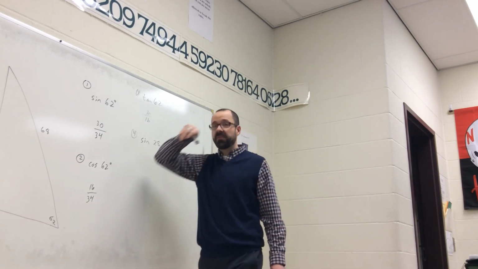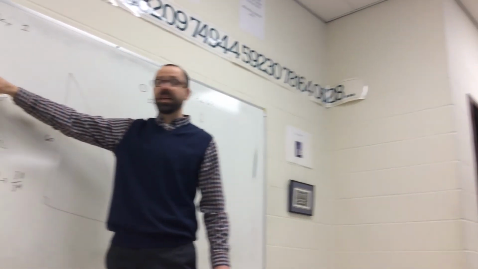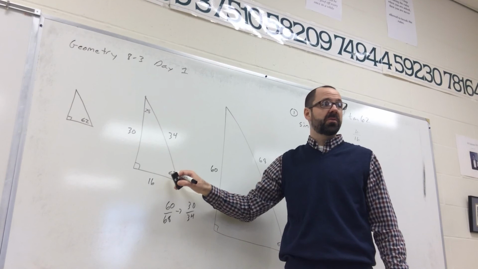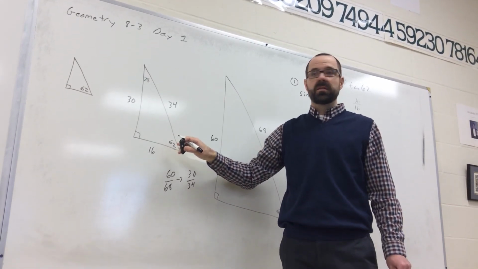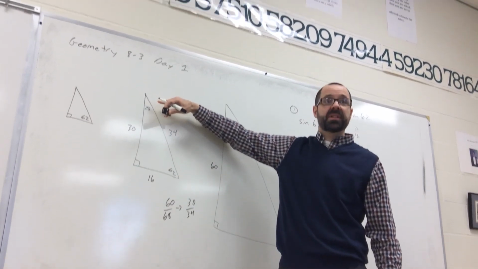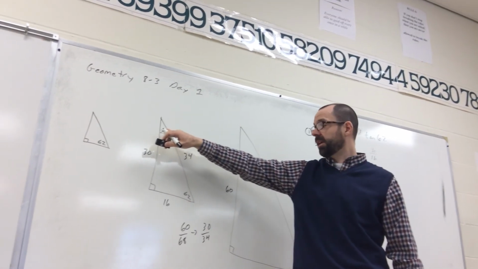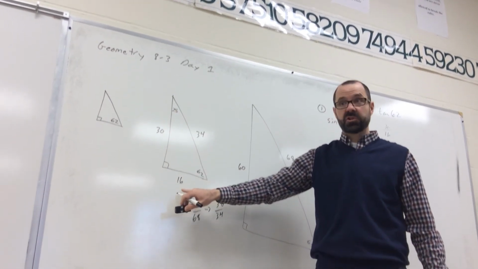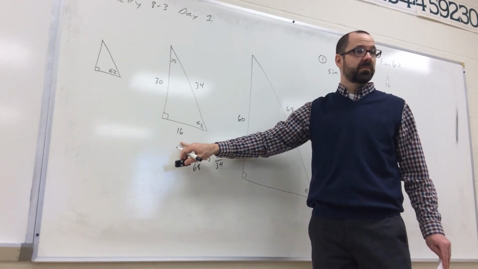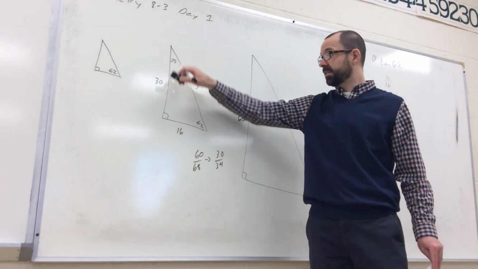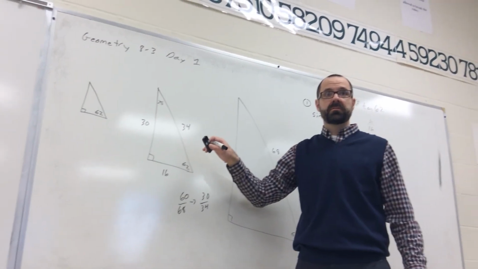So now I've shifted my focus, and now I'm looking at 28 instead of 62. So the sine is the opposite. Here's 28. What's opposite from 28? 16. So the sine of 28 is 16 over 34.